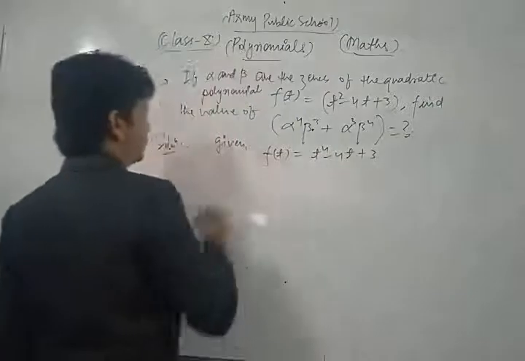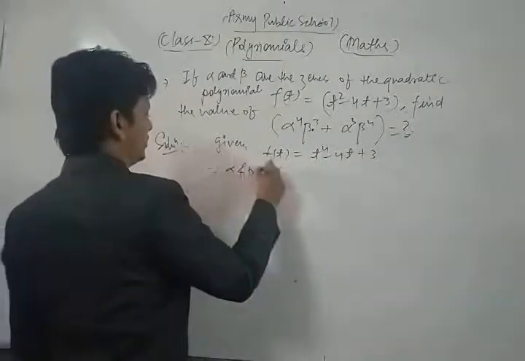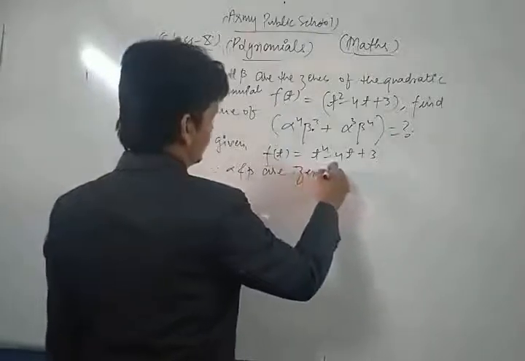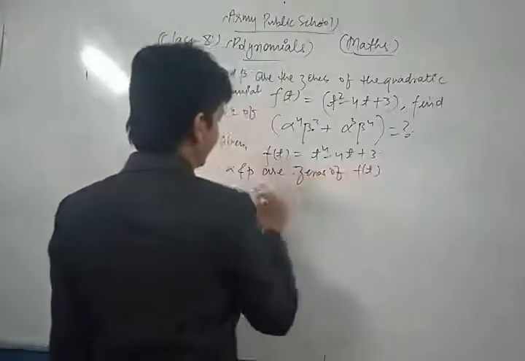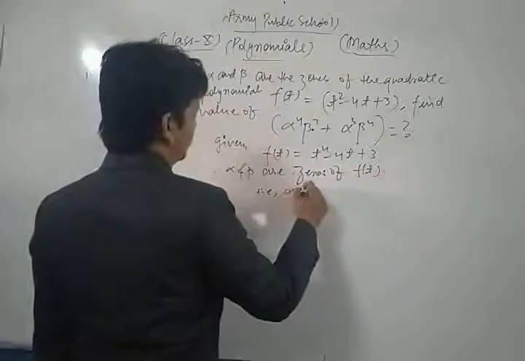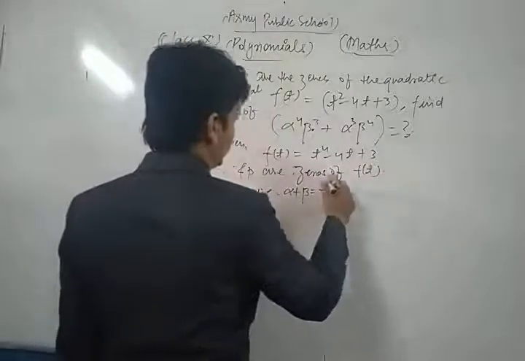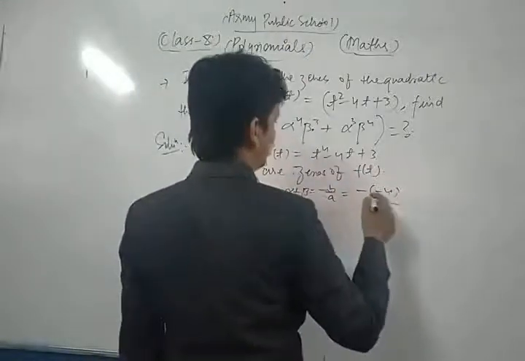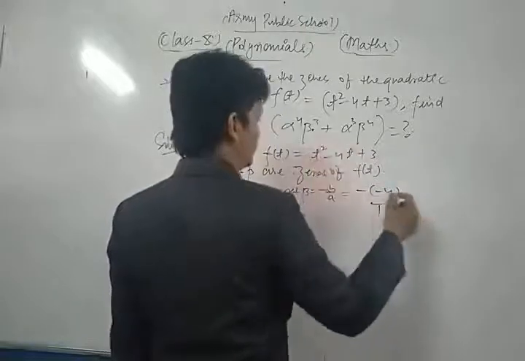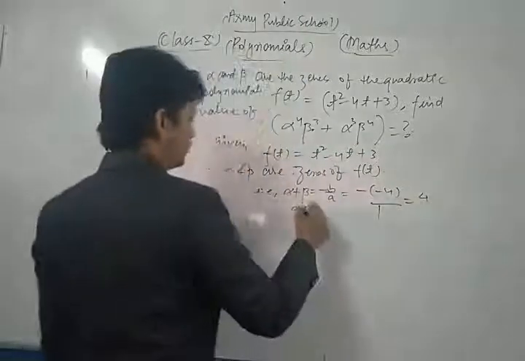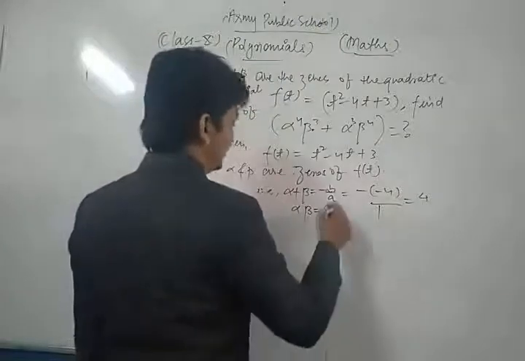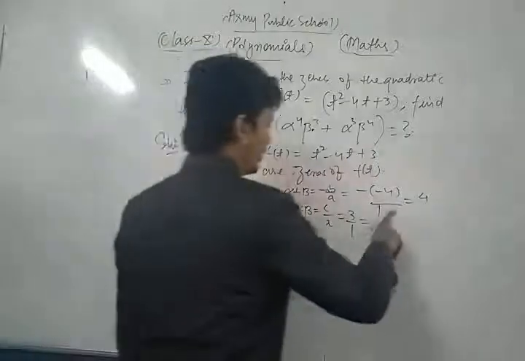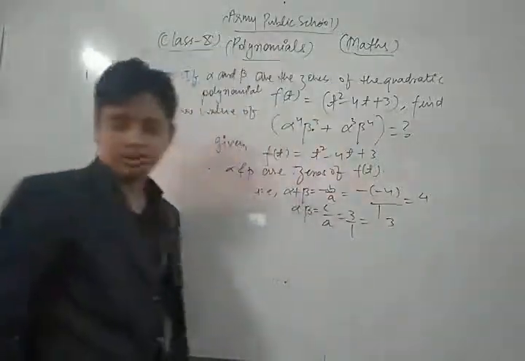Okay, now since alpha and beta are zeros of f of t, the sum of zeros is minus b upon a, that is minus of minus 4 upon 1, that is plus 4, and the product of zeros is c by a, that is 3 upon 1, that is 3. Okay, in this way we find the sum of zeros and the product of zeros.